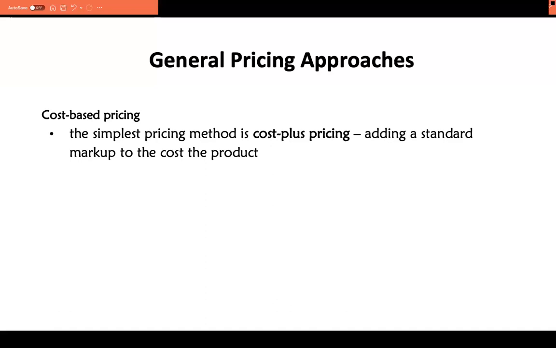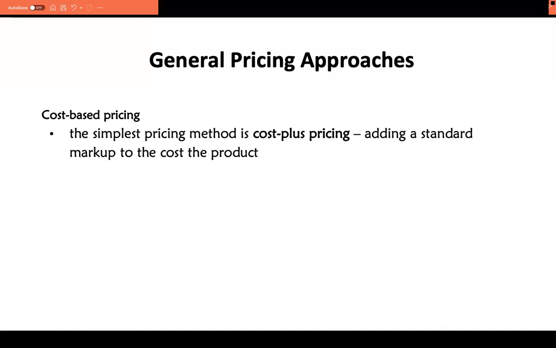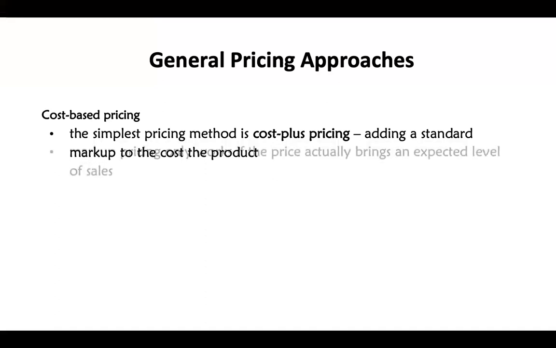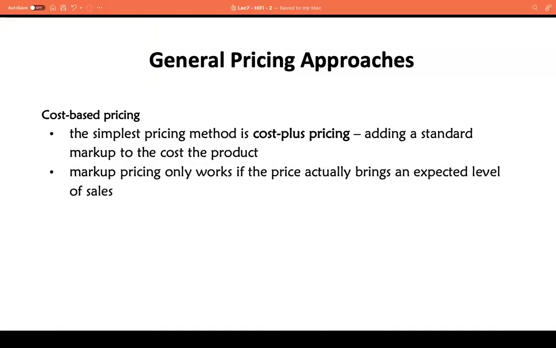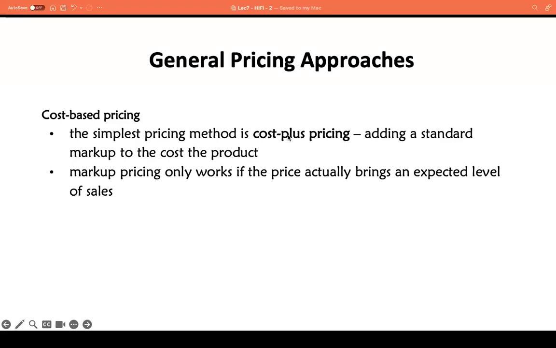Okay, so the cost-based pricing is the simplest pricing method. It's a pricing strategy that determines the selling price of a product or service based on the costs involved in the production, the distribution, as well as selling the product.